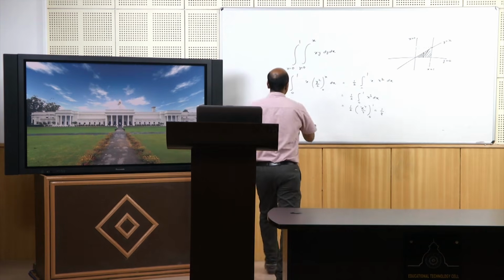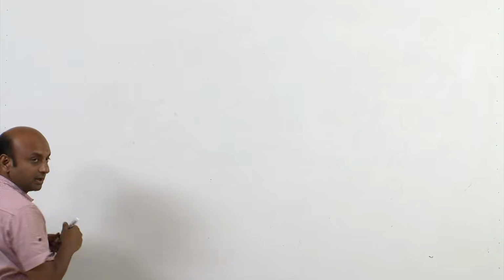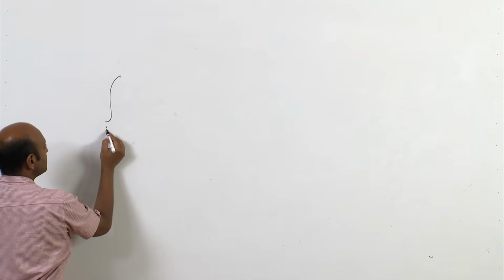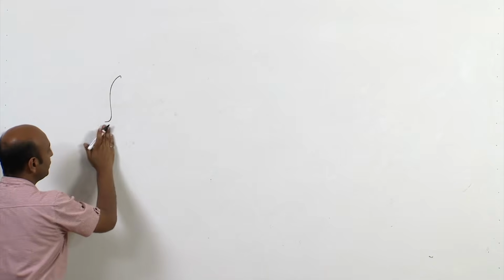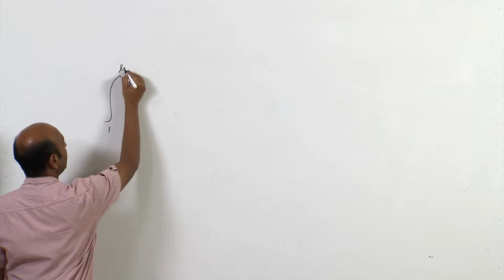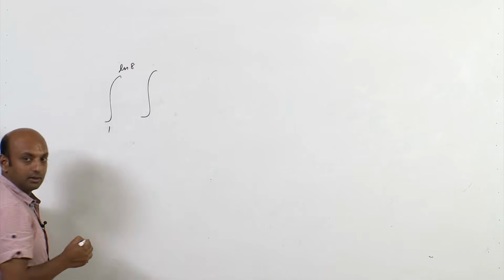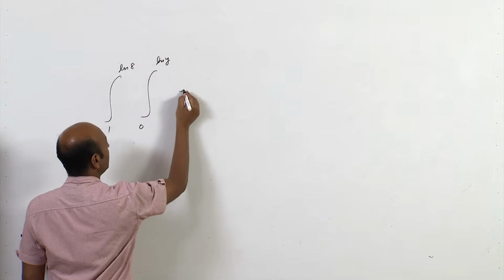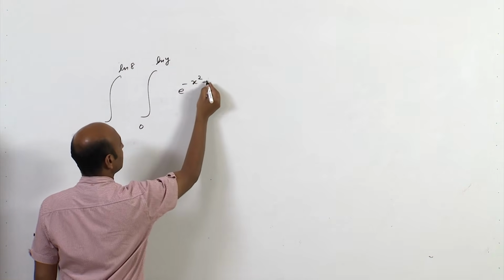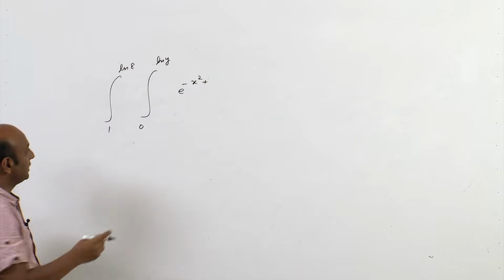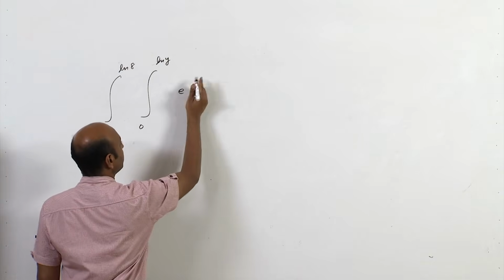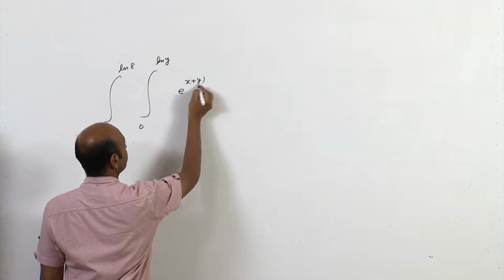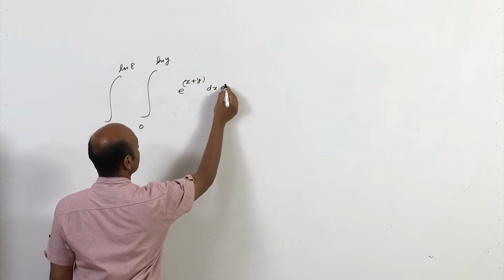The last problem, let us suppose it is the integral from 1 to ln 8 of the integral from 0 to ln y of (e raised to power minus x square minus e raised to power x plus y), sorry, and it is dx dy.